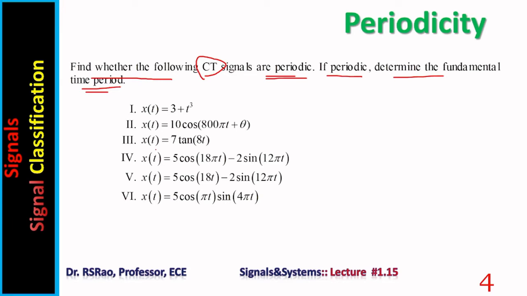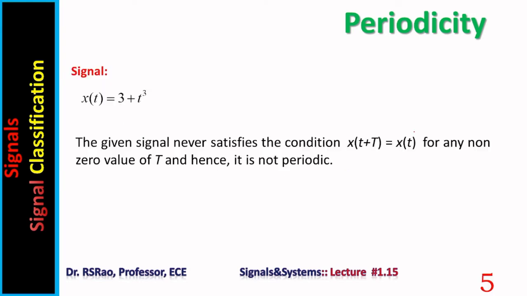Third: x of t is 7 tan 8t. Fourth: x of t is equal to 5 cos 18 pi t minus 2 sin 12 pi t. Fifth: x of t is equal to 5 cos 18t minus 2 sin 12 pi t. Sixth: x of t is equal to 5 cos pi t sin 4 pi t. Now we do these problems one by one.